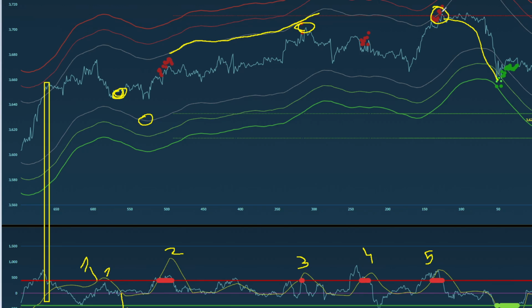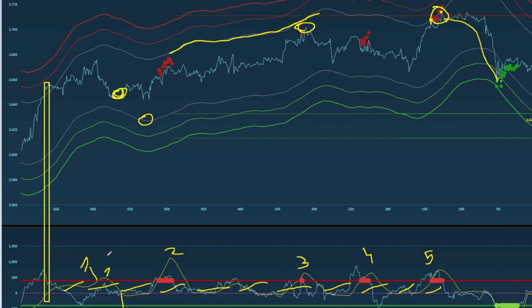Because I think the high was somewhere here, for this bar, and for this bar the high was actually at the band. So this is like a perfect short setup, right? Because we were in a long trend all this time.